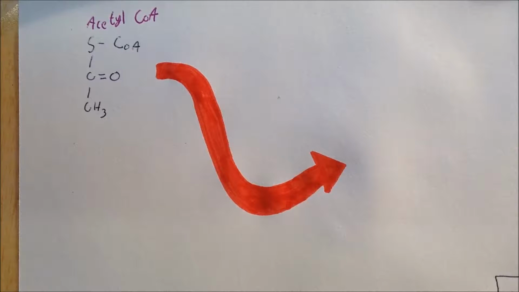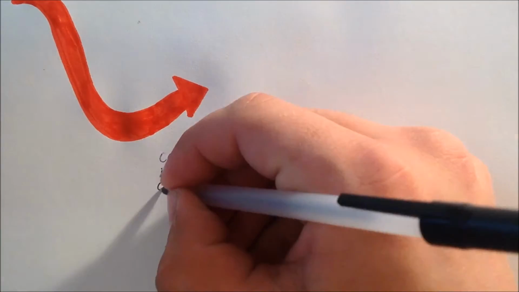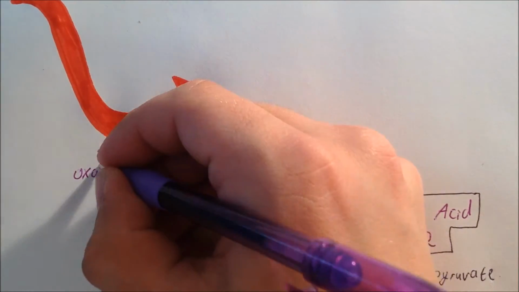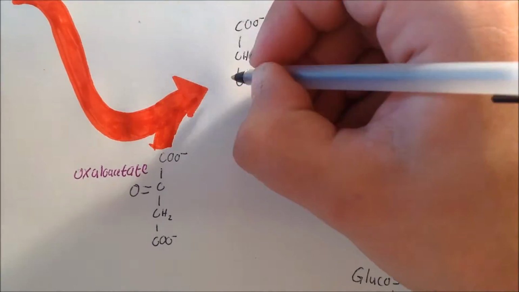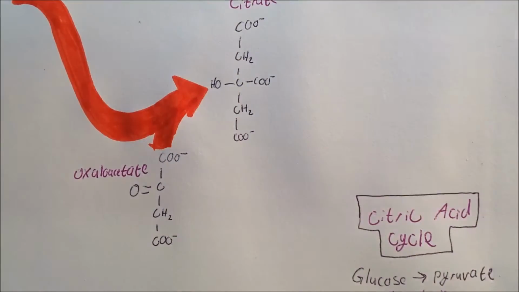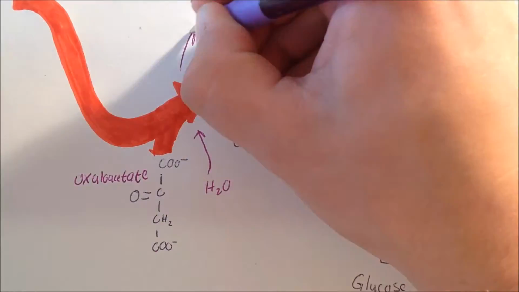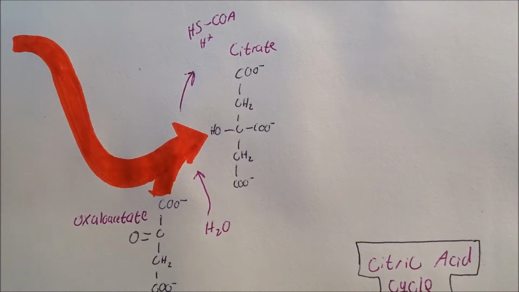H2O enters the cycle at this point, and it allows the CoA molecule to come off again in the form HSCoA. So this is the point in the cycle where Acetyl CoA is added on to oxoacetate and changed to citrate.